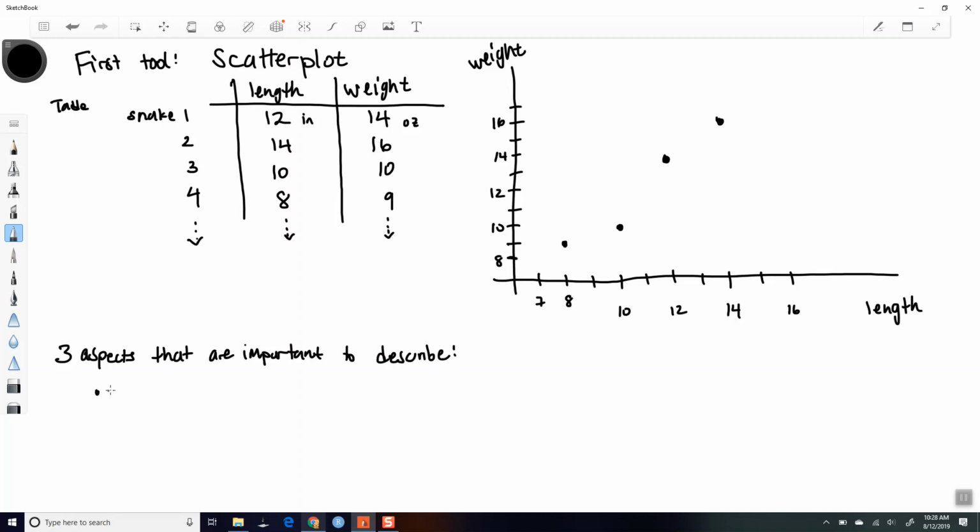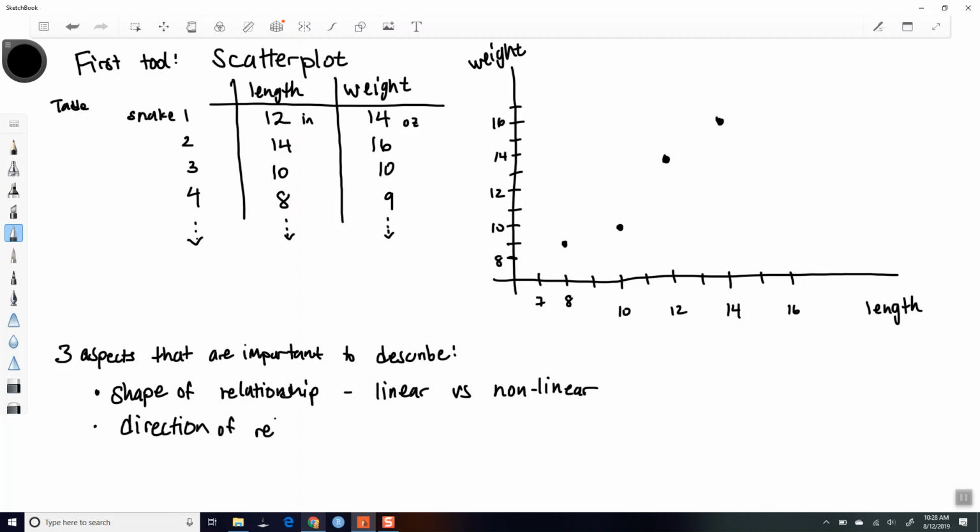Okay, and so one will be the shape of the relationship. And this is going to be either linear versus nonlinear, okay, as far as this class goes. We've got the direction of the relationship, and the strength of the relationship.